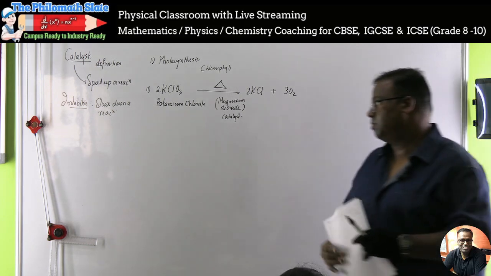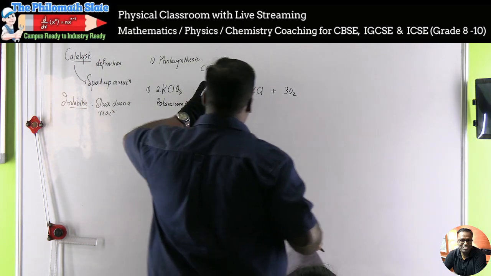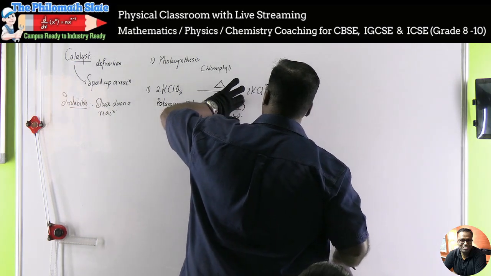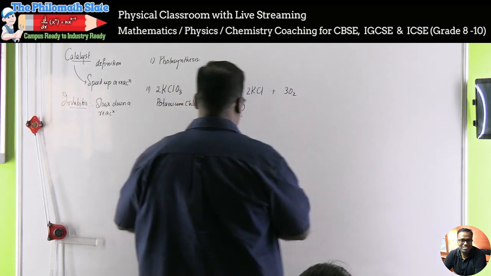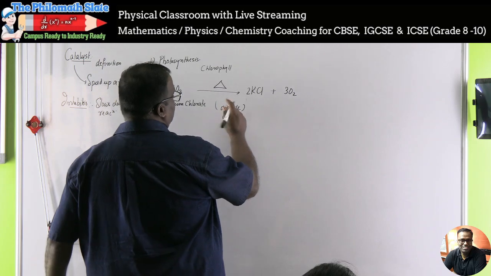Yes, I'm correct. Magnesium is never a dioxide. Magnesium is oxide. This is manganese dioxide. Very sorry, beta. Mn.